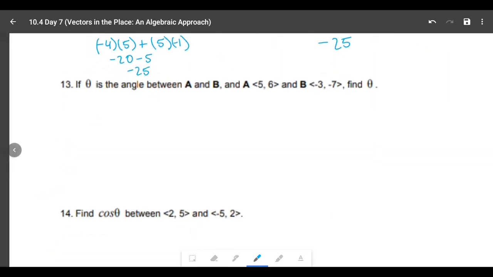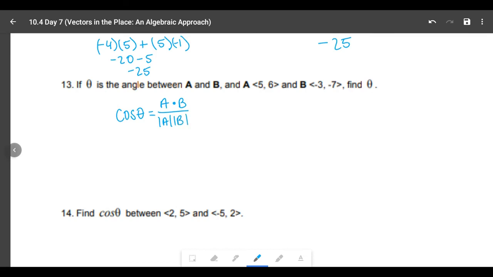Moving on to a problem like 13, it's telling us if theta is the angle between vector A and B, and vector A is 5, 6, and vector B is negative 3, negative 7, find theta. So remember that we have the formula cosine of theta is equal to the dot product of two vectors, in this case A and B, divided by the magnitude of each vector.